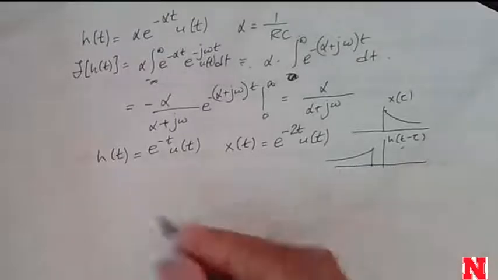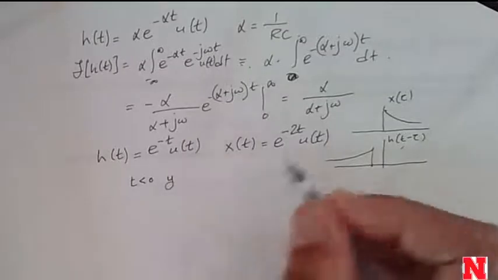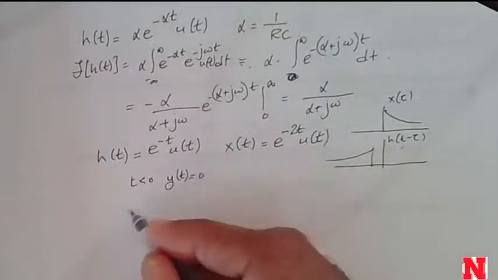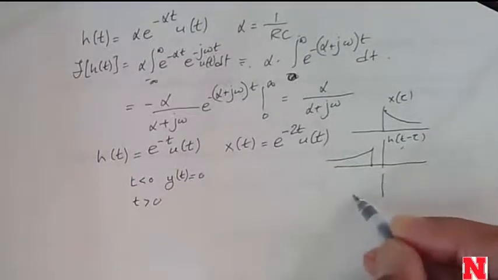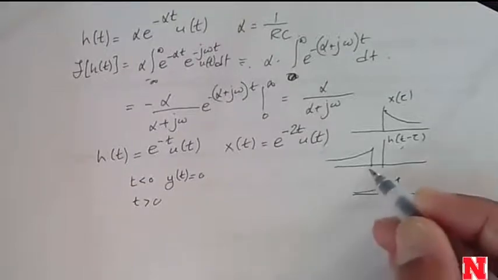So if t is less than 0, the output for this given input is just equal to 0. And when t is greater than 0, then this will be like this, where this point is t.